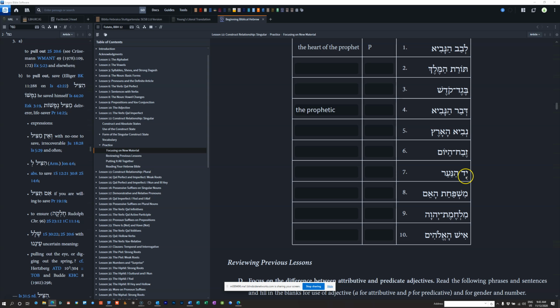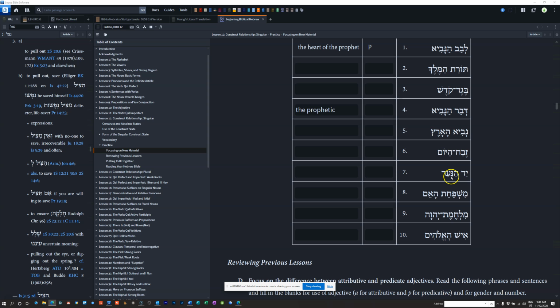Number 7, we have Yad Hana'ar. Here, I believe Yad in the absolute has a kametz. I think that's the difference between the absolute and the construct form. But Yad means hand of. We have to check our absolute to find out if our construct is definite. Sure enough, we have a definite article, so this is the hand of the servant or the boy.